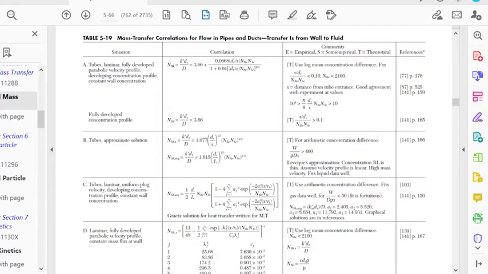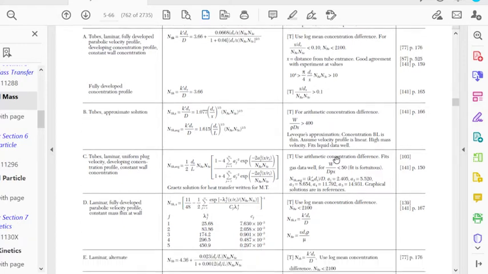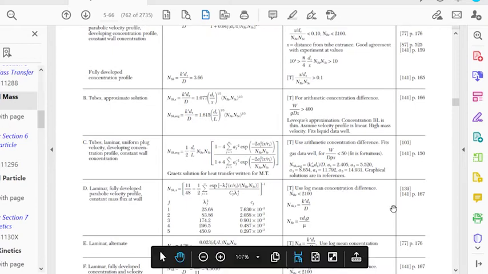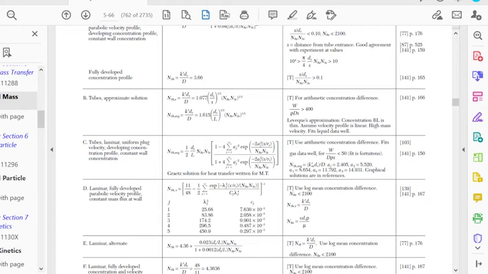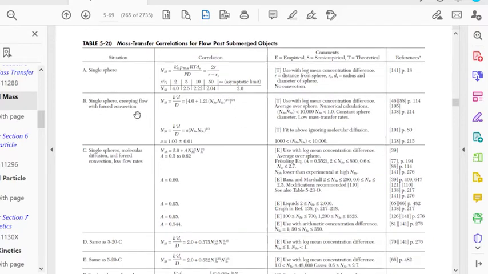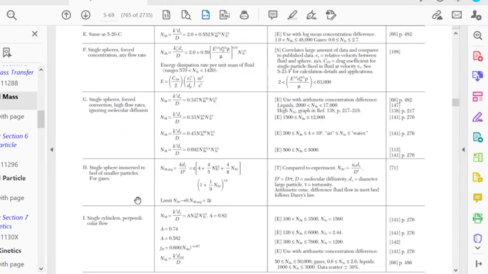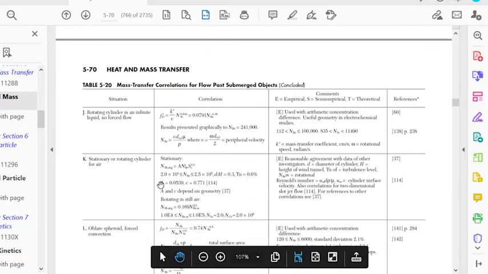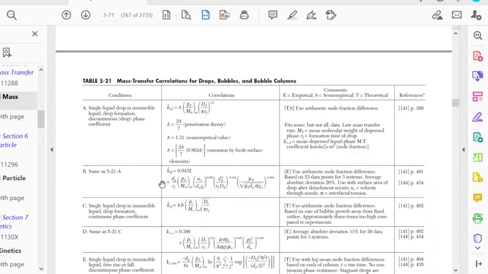You might also notice in the comments that there are ranges for the Schmidt number as well. So you have to evaluate your Schmidt number and then take a look at the comments to see if your system falls within that range. We also have mass transfer correlations for flow past submerged objects. This is for external flow, for single spheres, single cylinders, and so on and so forth. So you have to take a look at these tables to be familiarized with the equations.